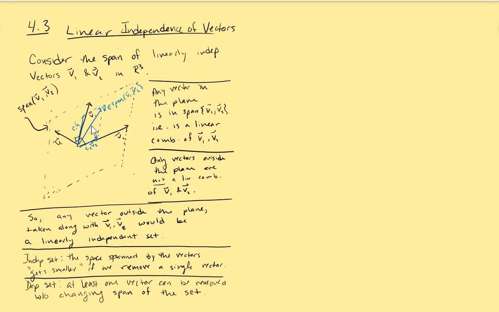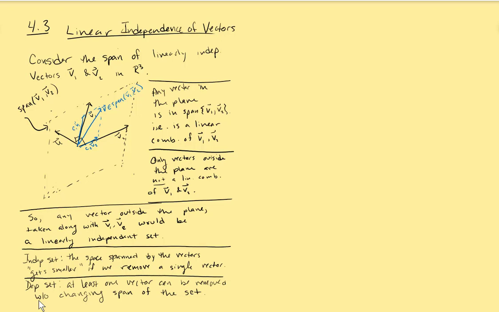Right? For example, if I think about v1, v2, and now this v that I said was already in the span, the set of all three of these vectors, v1, v, and v2 together, would be dependent, because this v here is a linear combination of v1 and v2. But if I take all three of those together, I notice I could toss out any one of those, and I'm still describing the same plane with the two that remain. The plane swept out by the two remaining vectors is still that same plane.